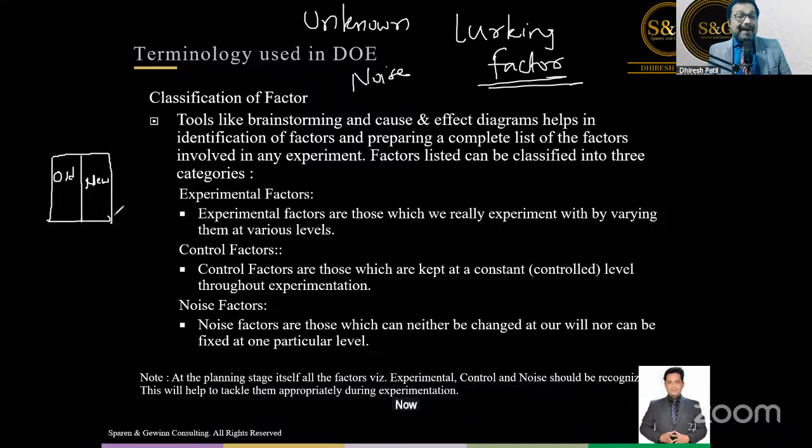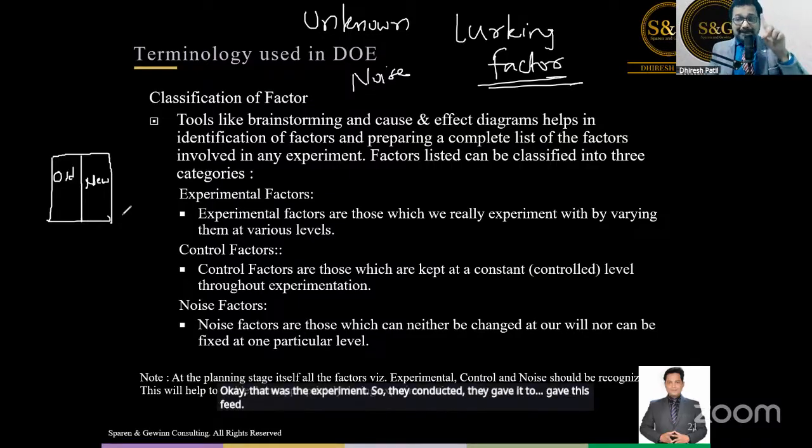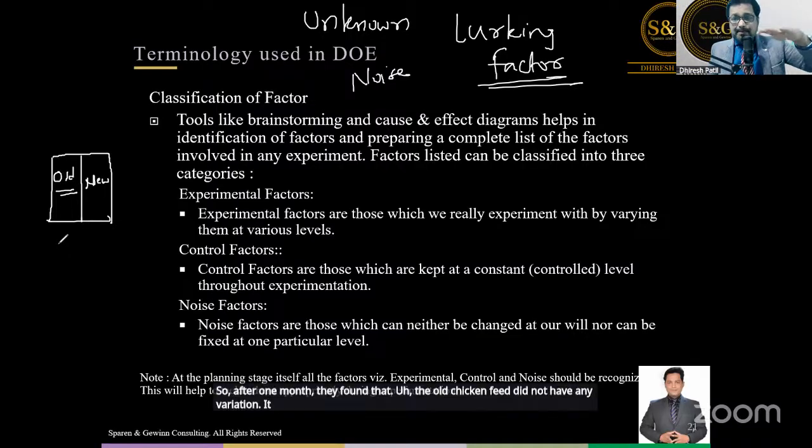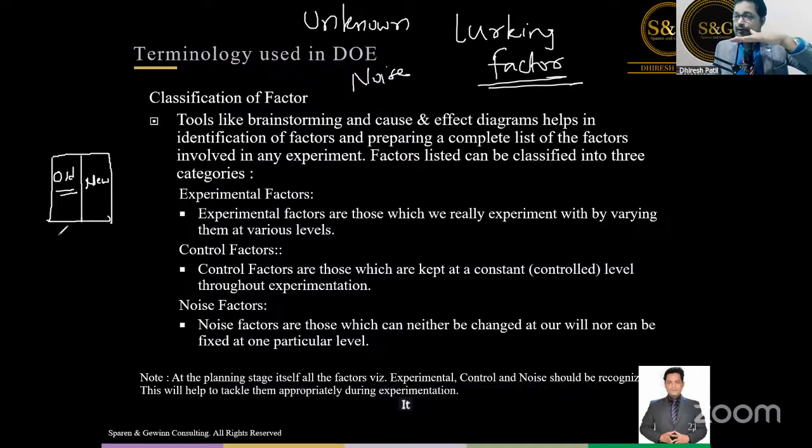Now they were expecting the weight of the chicken to grow. That was the experiment. They gave this feed for 1 month, and they weighed each and every chicken. After 1 month, they found that the old chicken feed did not have any variation. It remained constant, no change in the chicken's weight.